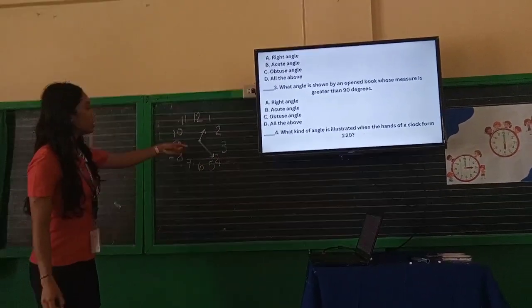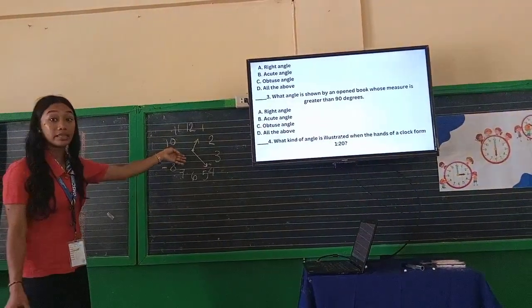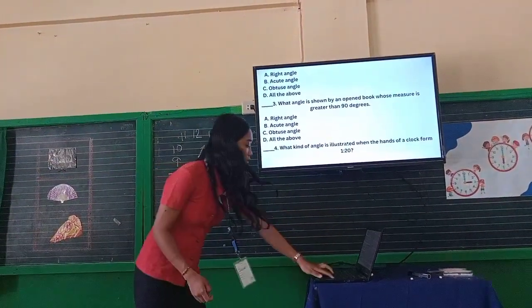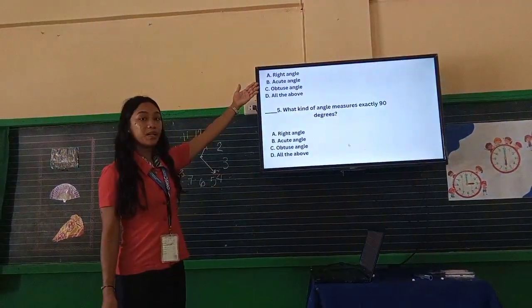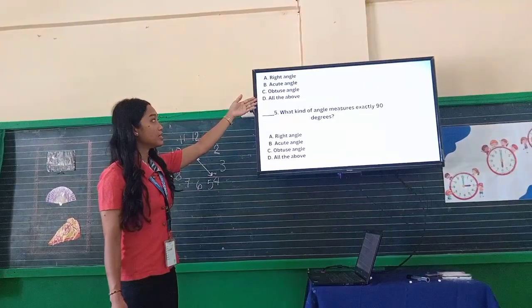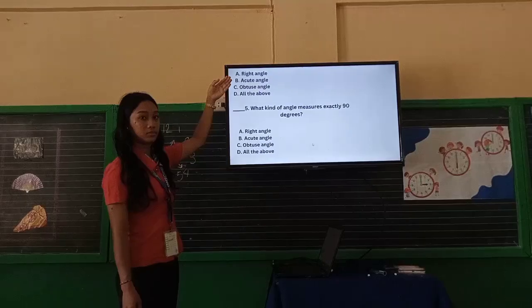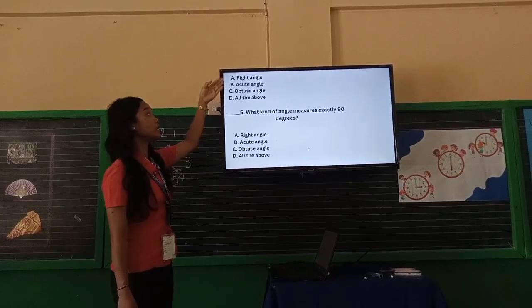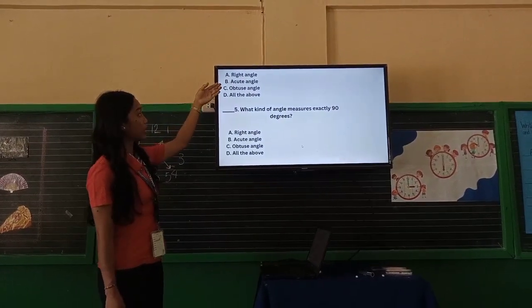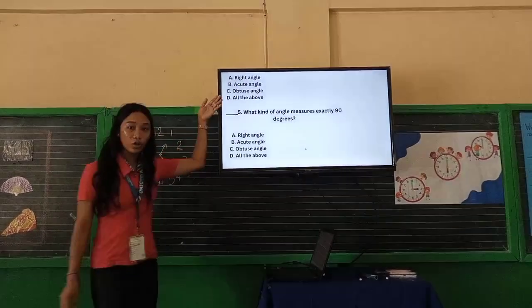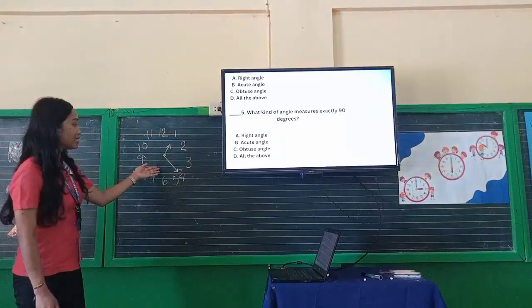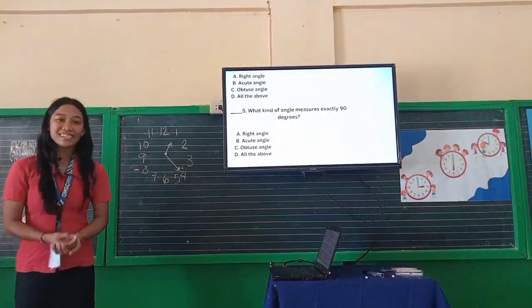Alright, what angle does this clock show? A. Right angle, B. Acute angle, C. Obtuse angle, or D. All of the above? It is an obtuse angle.